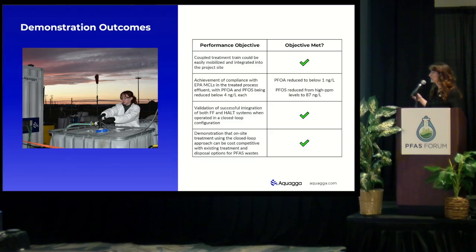So for the 2 long chains that we looked at, the PFOA, we were able to hit almost non-detect with that 1 nanogram per liter, which is really exciting. And then with our PFAS, again, to reiterate, the 5 ppm is what we started at for that HFFF, and then it was concentrated to over 1,000 ppm. So we were still able to hit very, very low ppms of 87 nanograms per liter. Then there's a lovely picture of me there on site.